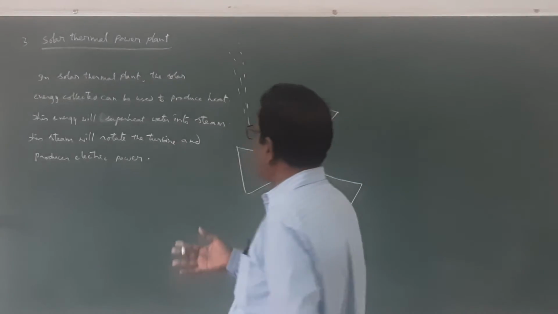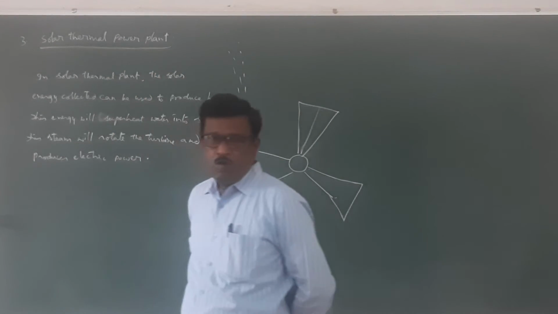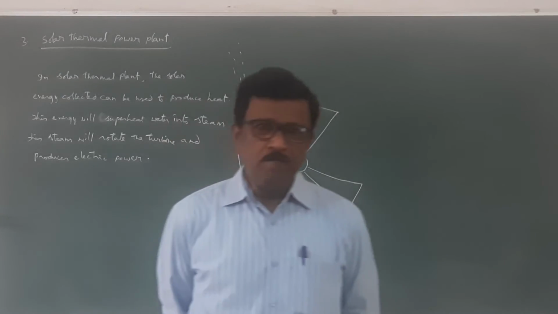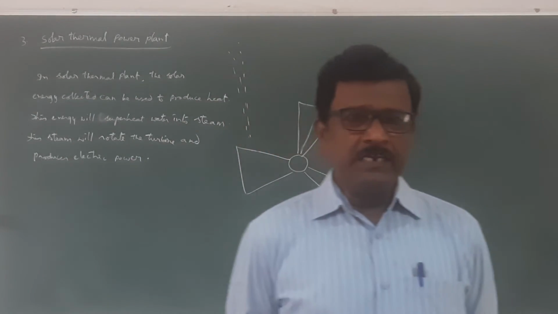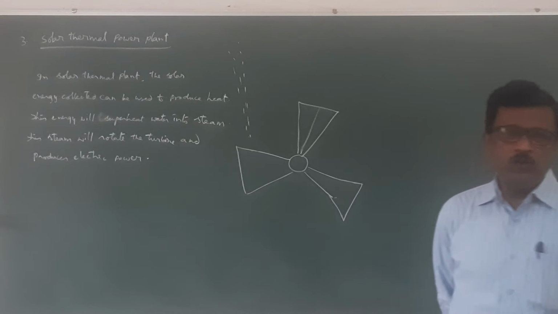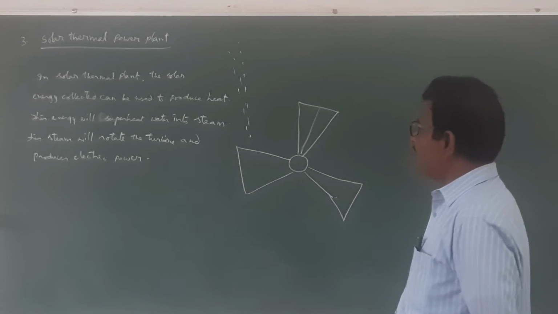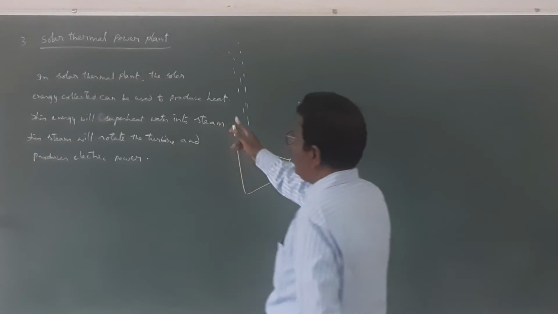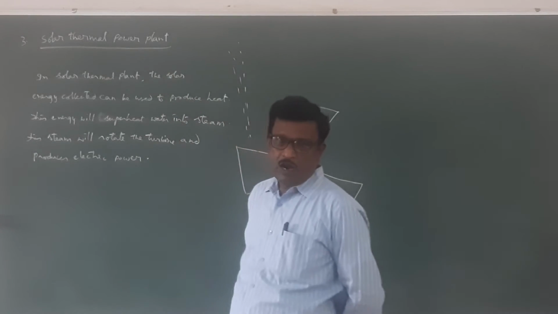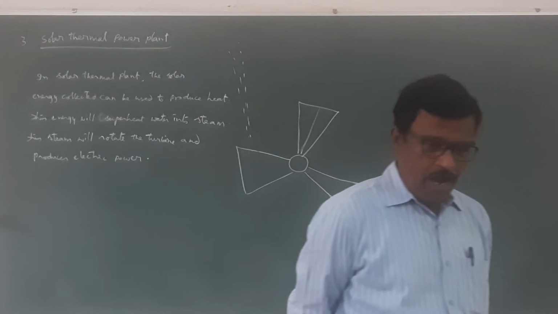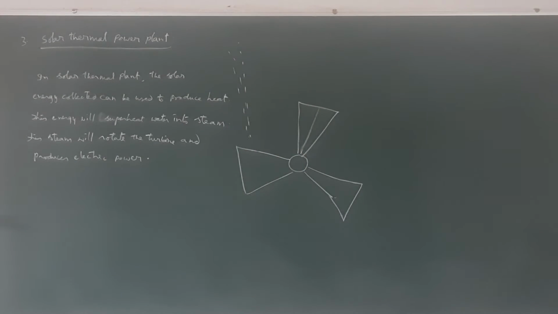Therefore, solar thermal plants are more useful, eco-friendly harnessing devices to produce electricity. That's why there is a need to utilize solar thermal plants for producing electricity. So these are some of the devices which we can use for producing solar energy.